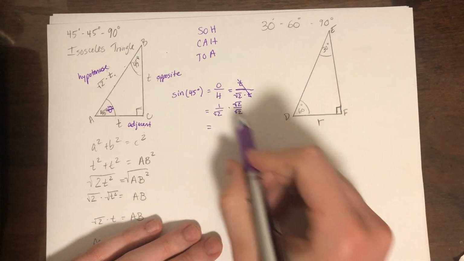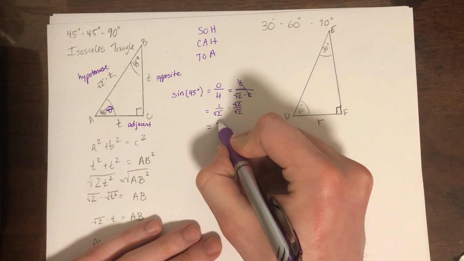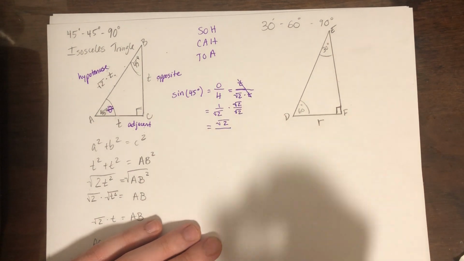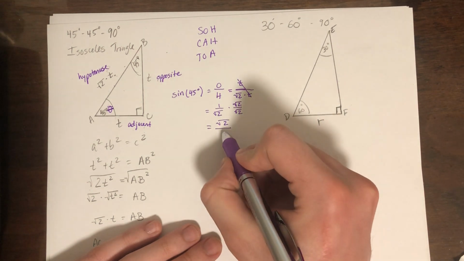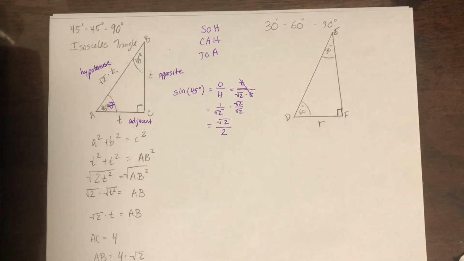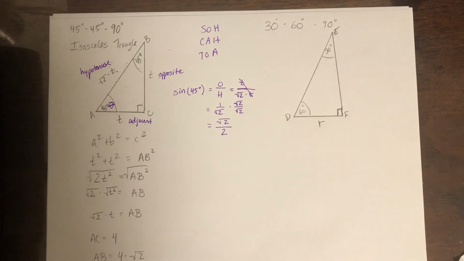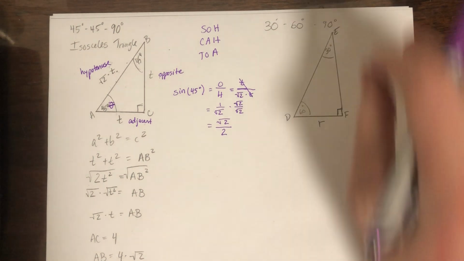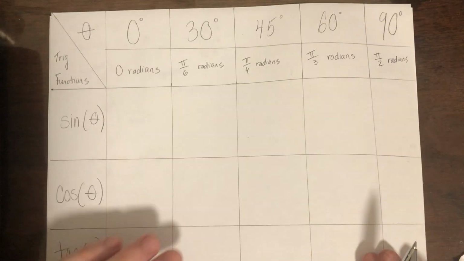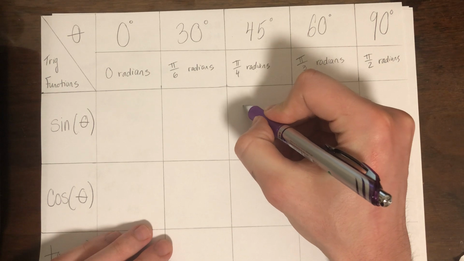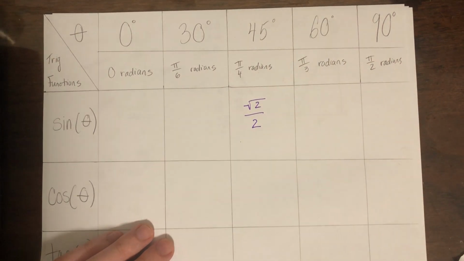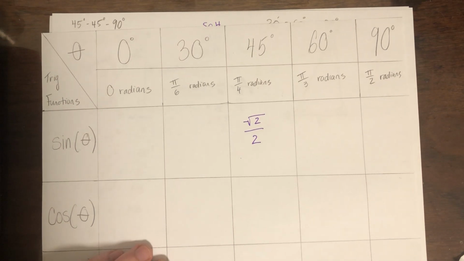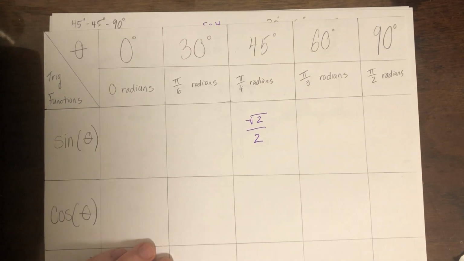When I simplify, 1 times radical 2 is radical 2, and radical 2 times radical 2 is 2. So sine of 45 is always going to be equal to radical 2 over 2. That is always, always, always going to be the case.